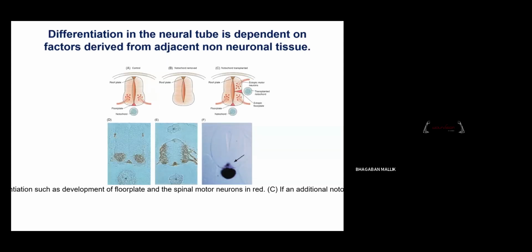So the neural tube again differentiates into mature structures, and here the notochord is a mesodermally derived tissue. This is during the gastrulation phase, when the neuroectoderm invaginates inside and forms the mesoderm.